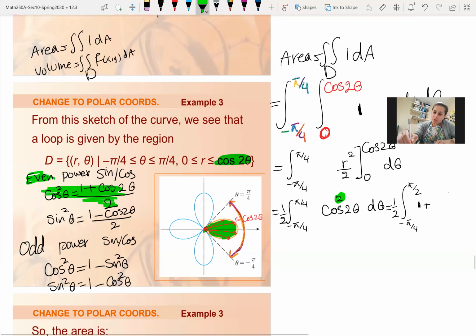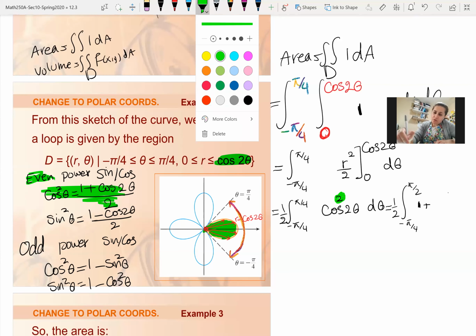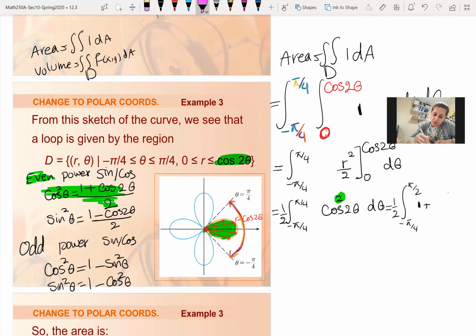So if it was theta, it should be twice of that, minus 2 theta, so it's 4 times. Divide by 2. Agree with my half angle formula?